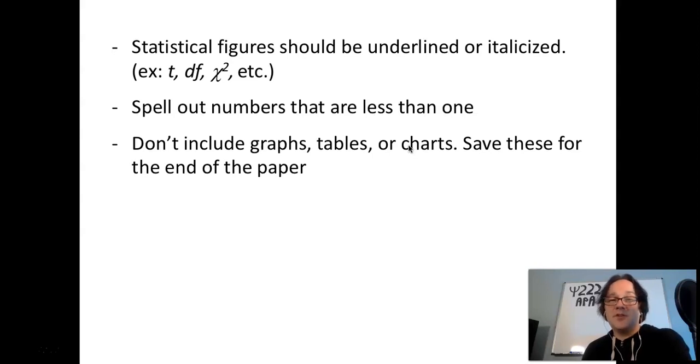When it comes to statistical figures, they should really be italicized at this point. We want to spell out numbers that are less than 1. No, less than 10. So that's a typo in there. So any numbers that are less than 10, we would spell out.